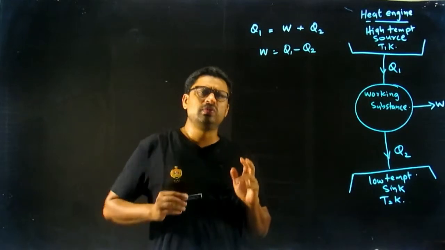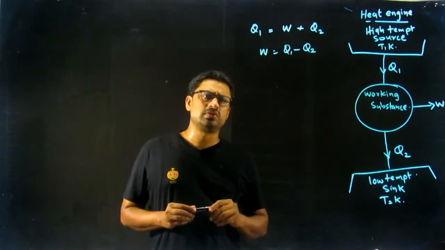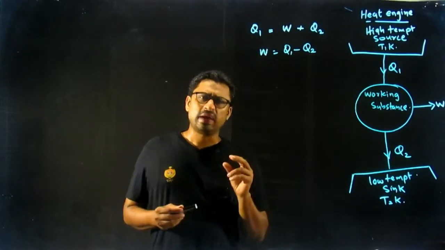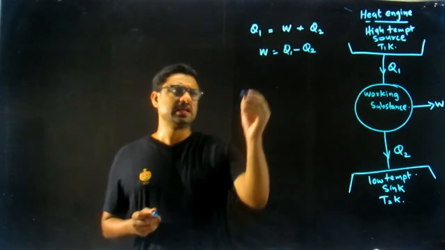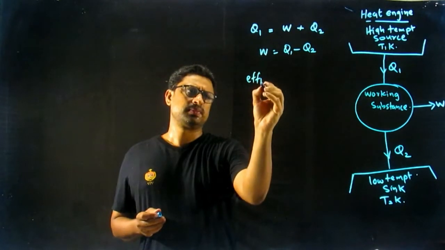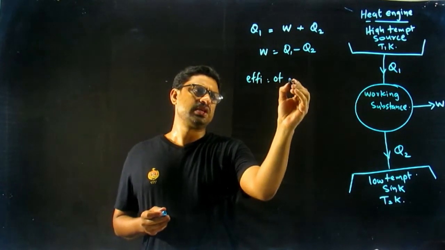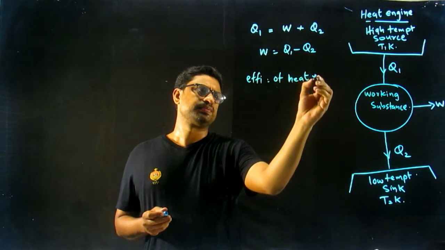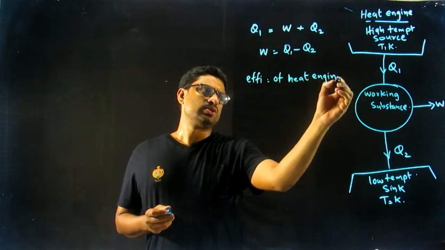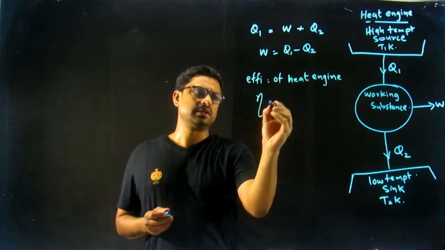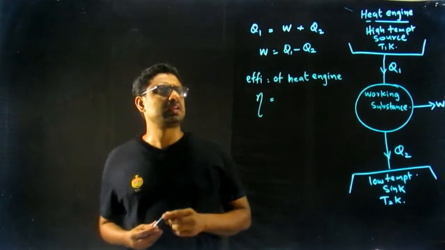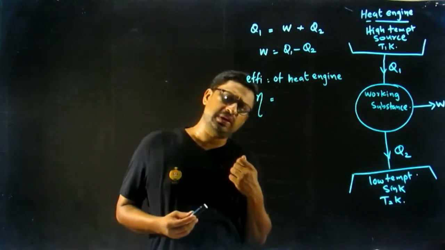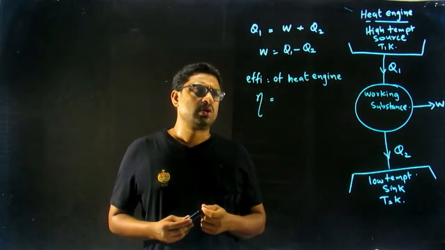Now I'm going to give you information about a peculiar term known as the efficiency of a heat engine. Generally, it is represented by the symbol eta. Basically, efficiency is what we got divided by what we give.